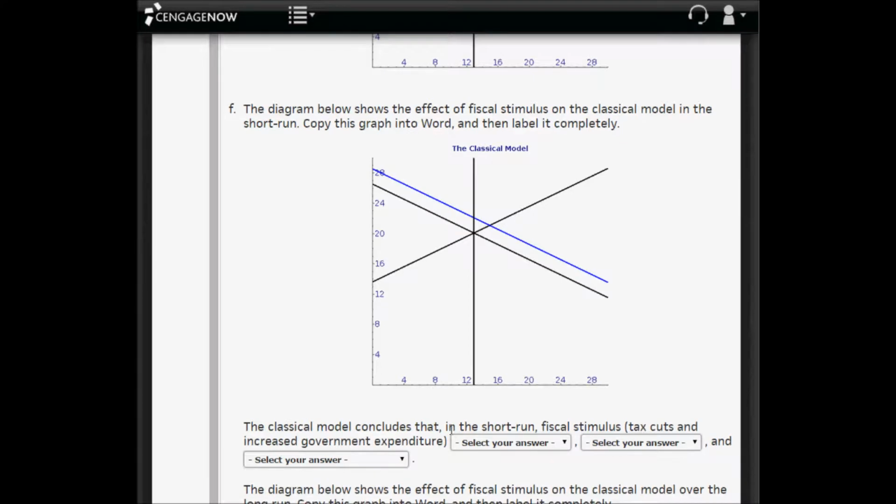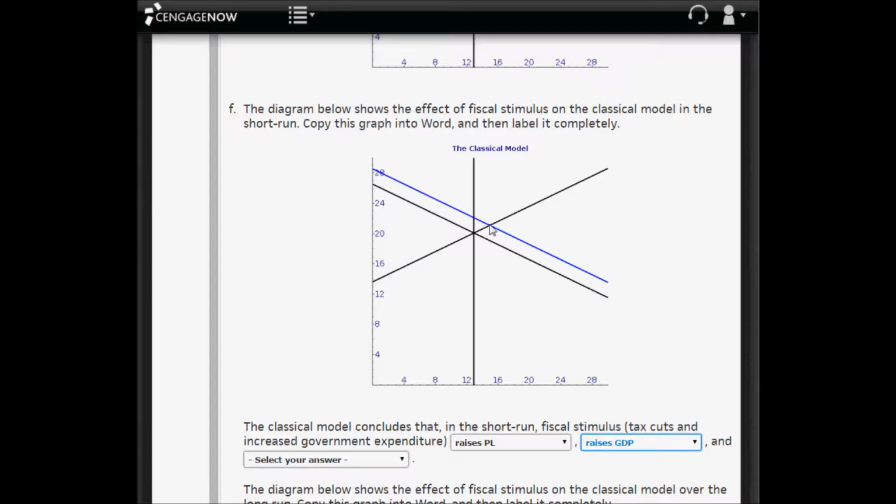So the classical model concludes that in the short run, fiscal stimulus, tax cuts or increased government expenditure, raise the price level because the price level goes up from about $20,000 to about $22,000. Real GDP goes up too. Real GDP goes up from about 13 to about $15 trillion.